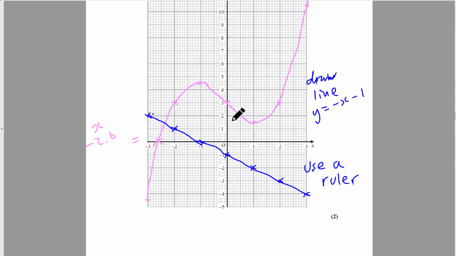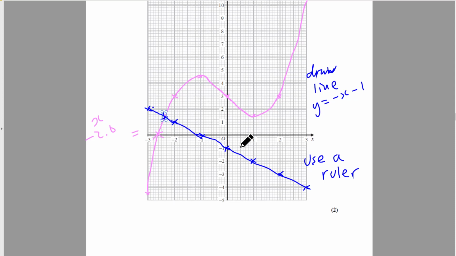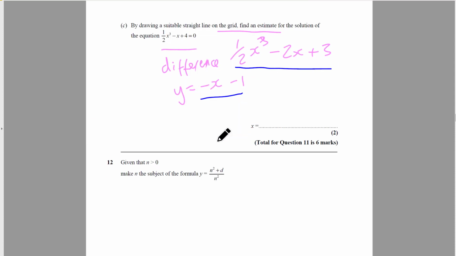So we just need to draw that line, y equals minus x minus 1, which is here. So that solution will be this point here, and I would say that's 1.2, minus 2.4. So x is minus 2.4, and that's all it's asked for.